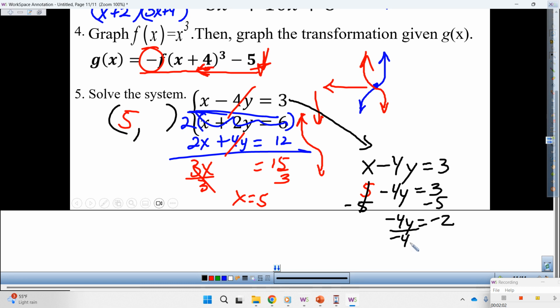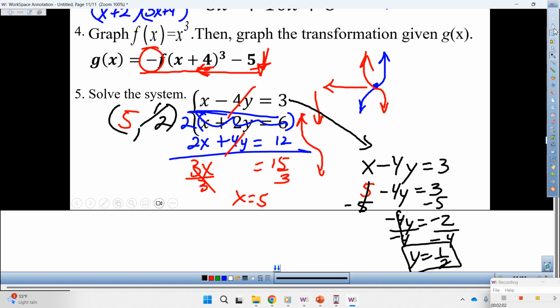Divide by negative 4. y equals 1/2. Is that correct? Hands if you got something like that? Yes? Looks about right.